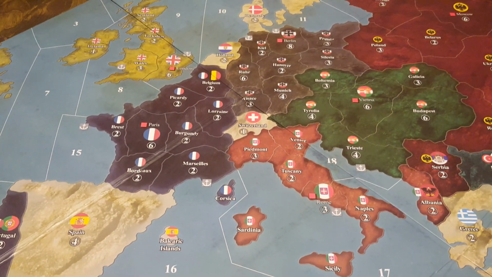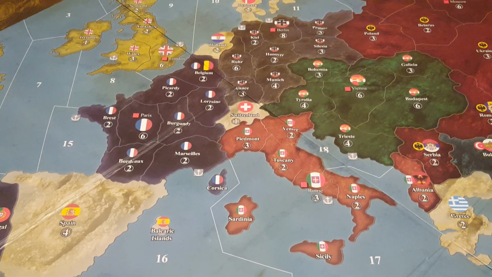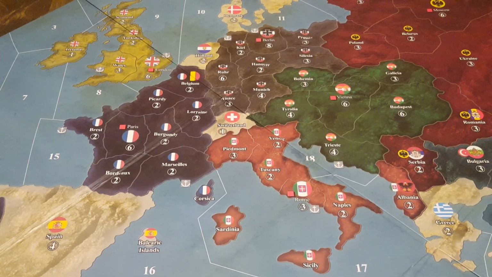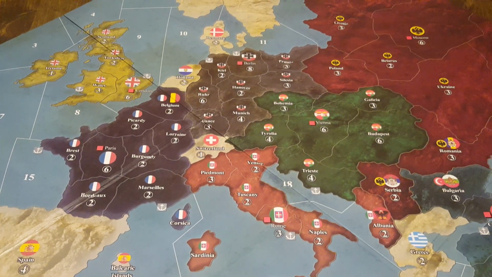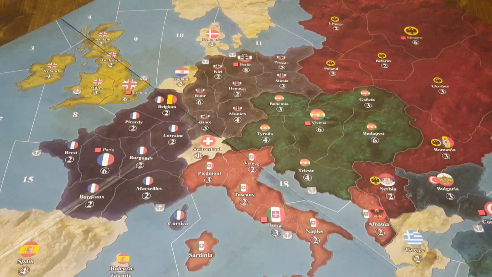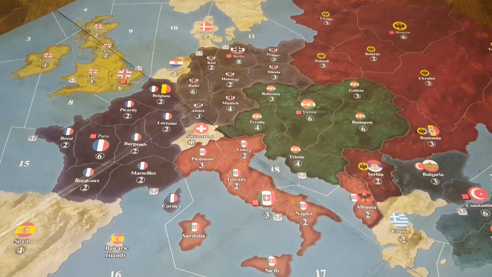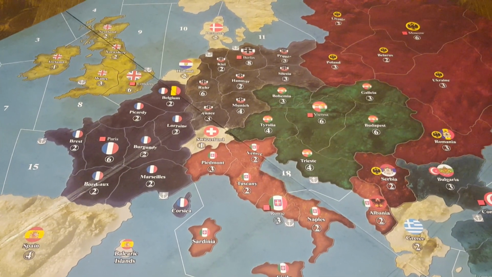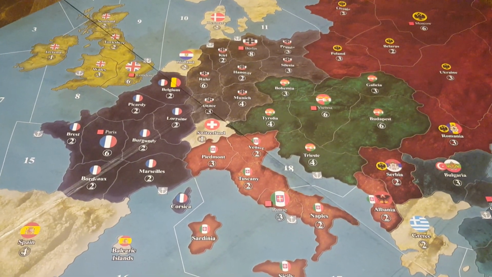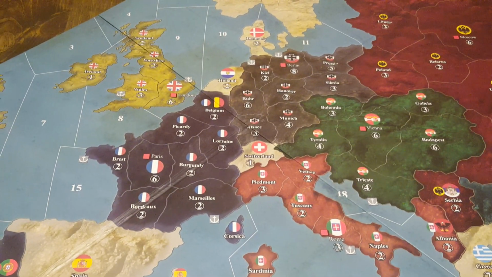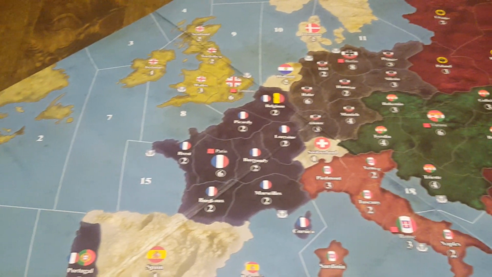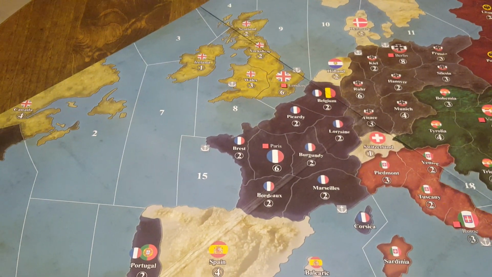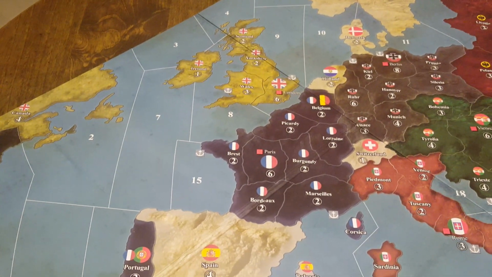Now what happens after they roll these dice? For every 1 or 2 that they roll, so you've got about a 33% chance per sub, 1 IPC gets deducted from England's production. Then when the US is doing its collect income phase, Germany will roll again for all of its subs.